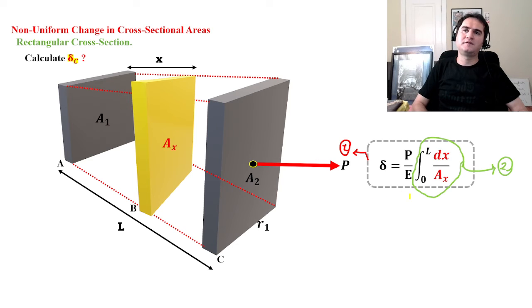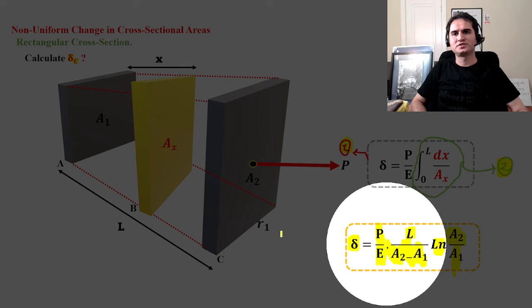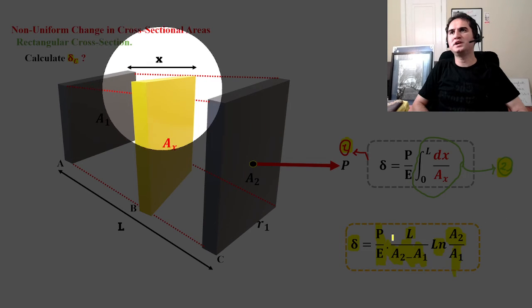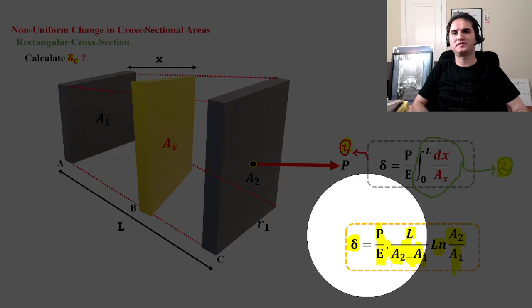So if we replace 2 in the main equation, we have delta equal to P over E times L over (A2 minus A1) times ln of cross-sectional area 2 over cross-sectional area 1. That's the equation for a non-uniform change in cross-sectional area like what you can observe here.